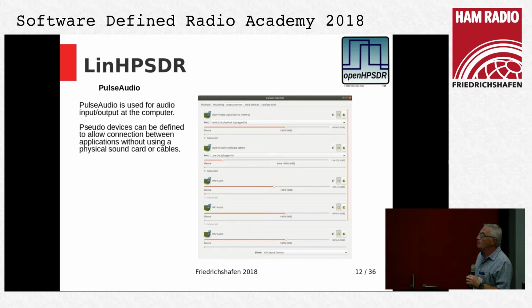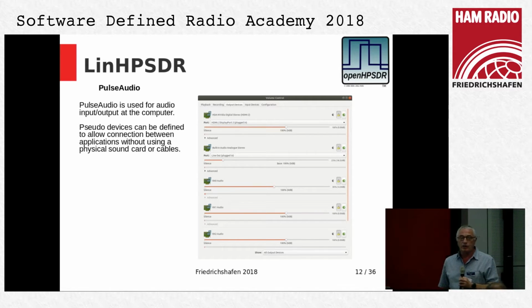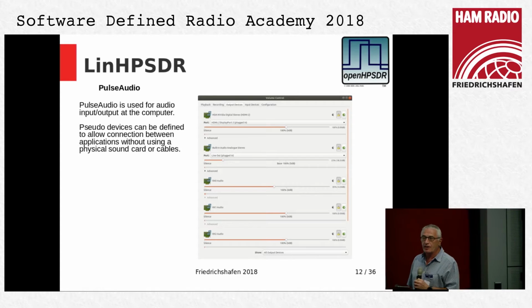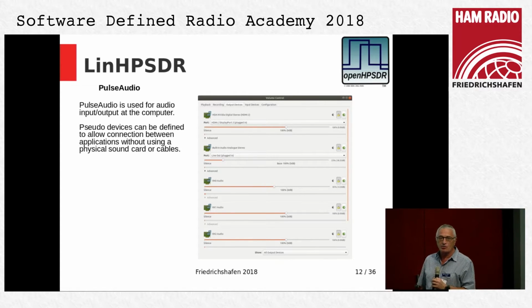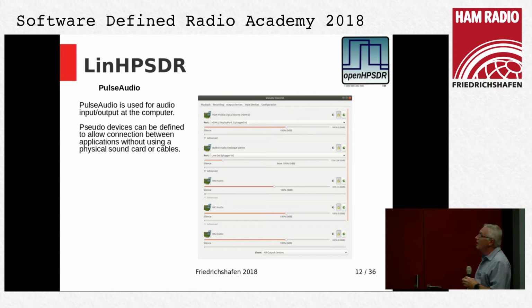I decided to use PulseAudio in this because I wanted to see how we could interface this application with other applications like WSJT-X, seen as FT8 is so popular now. One of the things with PulseAudio is that you can actually define some pseudo devices. So you don't have to connect using a physical sound card.